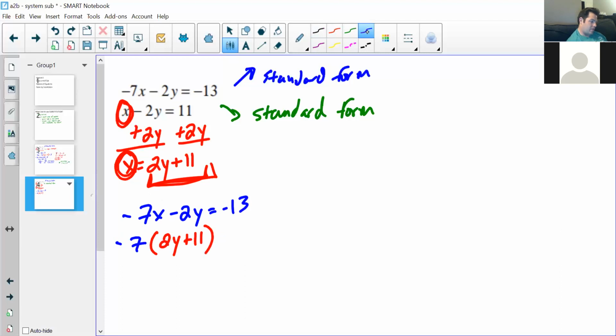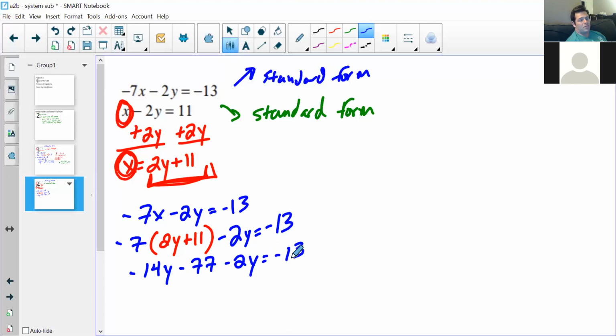And again, just like before, now I'm using all my properties of solving an equation in order to do this correctly. I've got to distribute here to start off with. So I distribute, and I want to combine like terms on the same side. -14y minus 2y, those are 14 negatives. There's 2 more negatives, that's a total of 16 negatives.